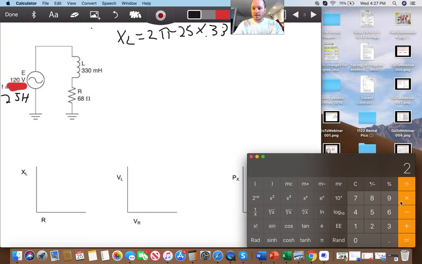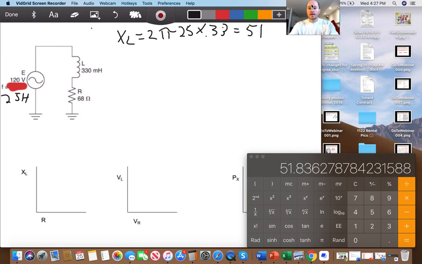So we'll do 2 times pi times 25 times 0.33, and that equals 51.8. And you know what? I think we're going to just go ahead and round that up to 52 here. 52 ohms. My resistance down here is 68.